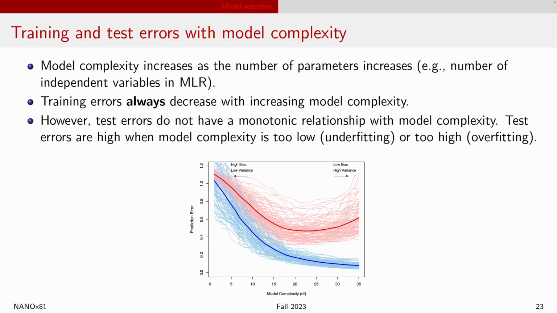I'm fitting to whatever noise there is in the training data, and because I'm fitting to the noise, I'm actually getting worse results on my test data. Okay, so again, this is an extremely important concept. So you always need to evaluate your model performance on your test data, and there is some optimal setting of your hyperparameters that minimizes that test error. Okay.